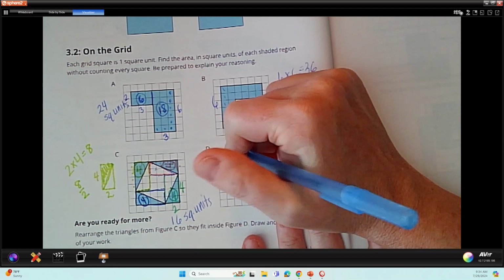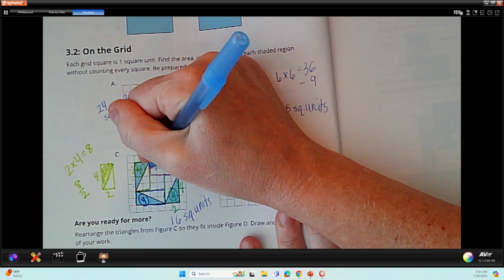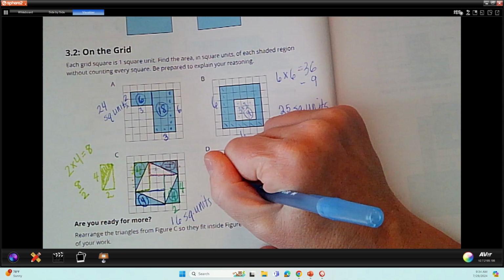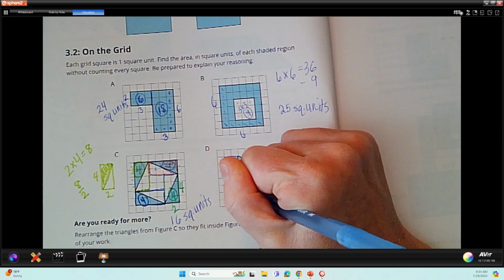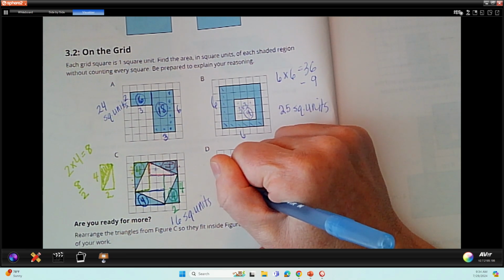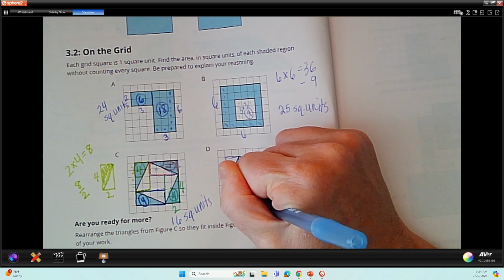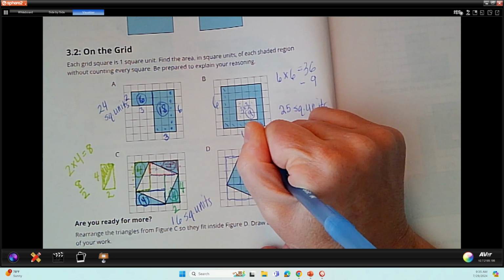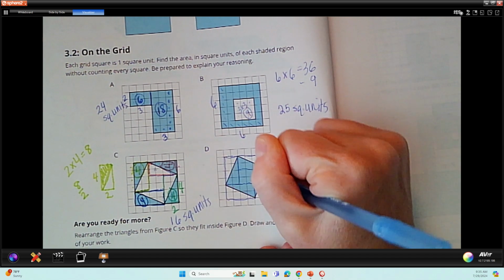So watch, I'm going to do this exact same thing. I'm just going to make the rectangles. There's one. There's one. Do you see this? Here's one. And here's one.